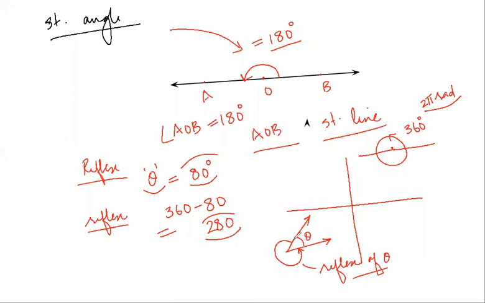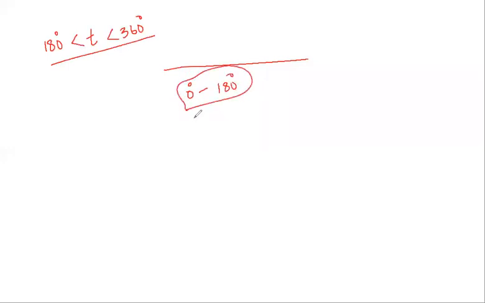All right. Now here one important thing, students: a reflex angle is always between 180 and 360 degrees. A reflex angle cannot be between 0 degrees and 180 degrees. You must remember this.